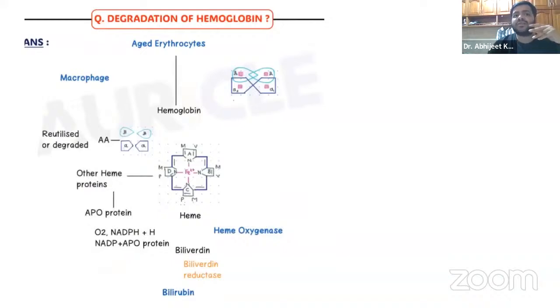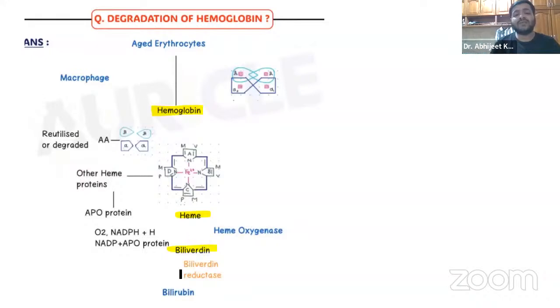Now, coming on to the degradation of the hemoglobin, guys, you already know if there are aged erythrocytes, if the lifespan of the RBC is over, what will happen? The hemoglobin will be broken down into heme and protein molecules. The heme will be broken down with the help of heme oxygenase into biliverdin, right?